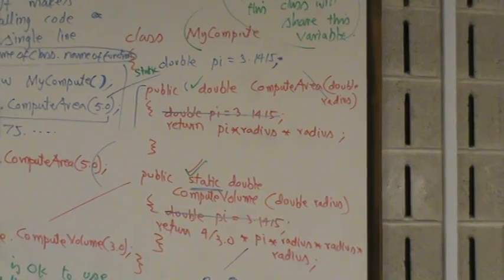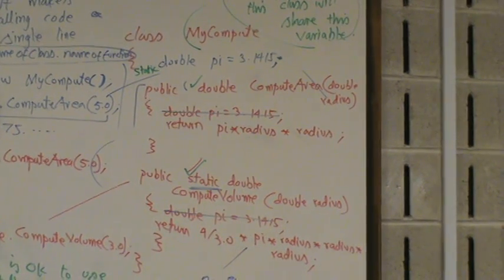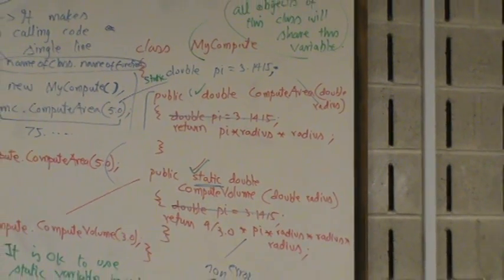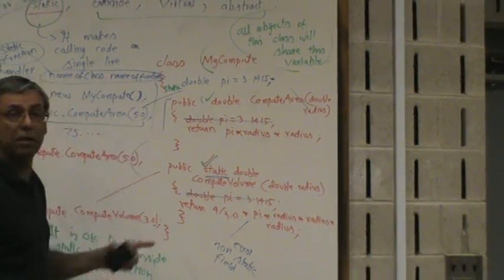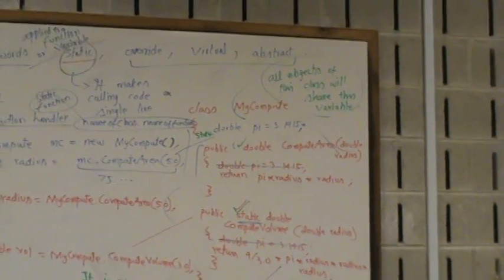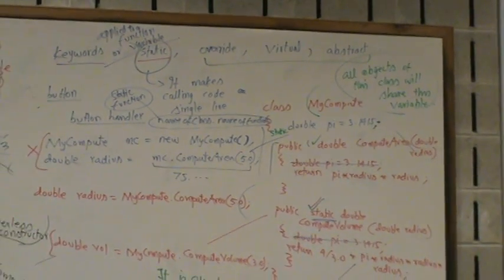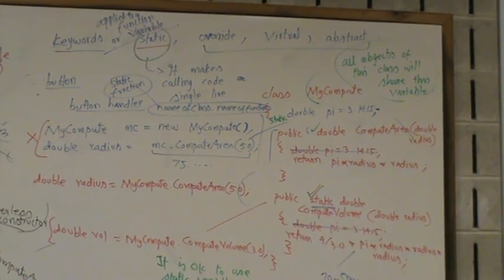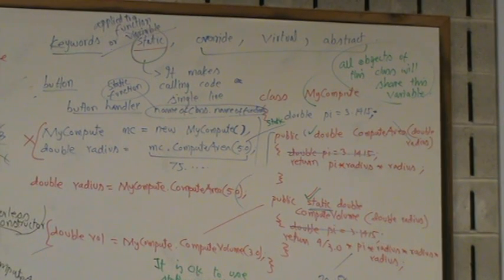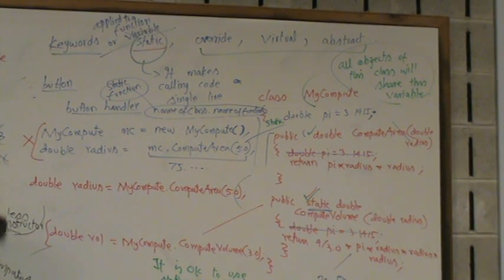Okay, now let's take a look at these three concepts. They are a little bit harder, so pay special attention. Because once you understand those three concepts, the rest of our learning of basic object-oriented programming will be extremely easy.